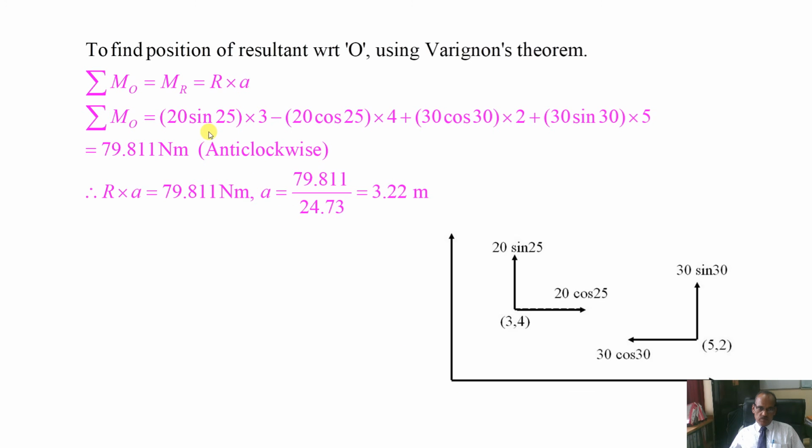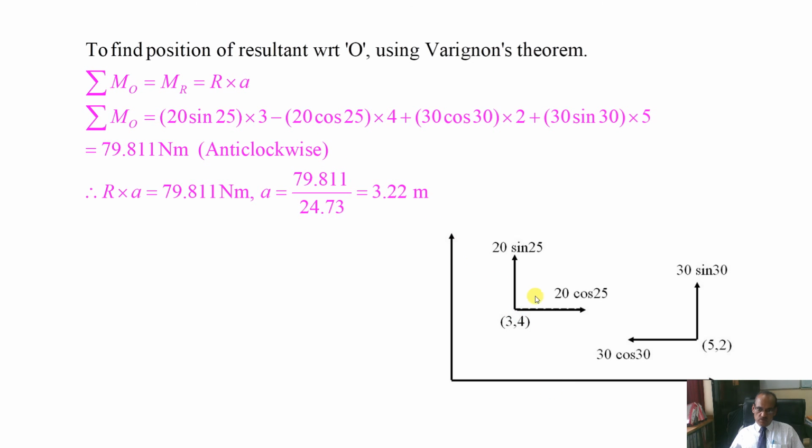So this 20 sine 25, if you extend, the x coordinate is 3. So 20 sine 25 into 3, and this will produce anti-clockwise movement about O, and that's why it is positive. Minus this 20 cos 25 about the origin of the system, it will produce clockwise movement.